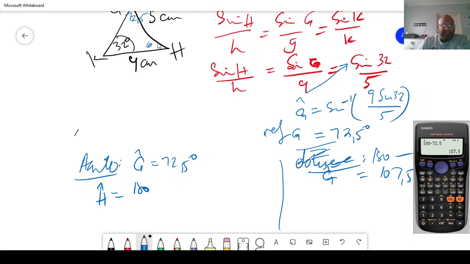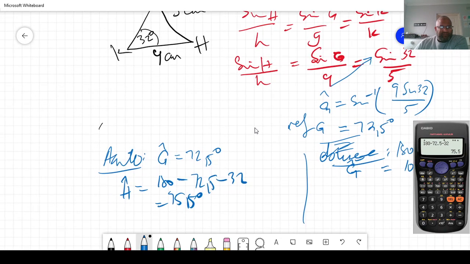So angle H, of course, sum of angles in a triangle, is 180 minus 72.5 minus 32 degrees, which gives me an angle of 75.5 degrees. And then with that I should be able to calculate lowercase h.